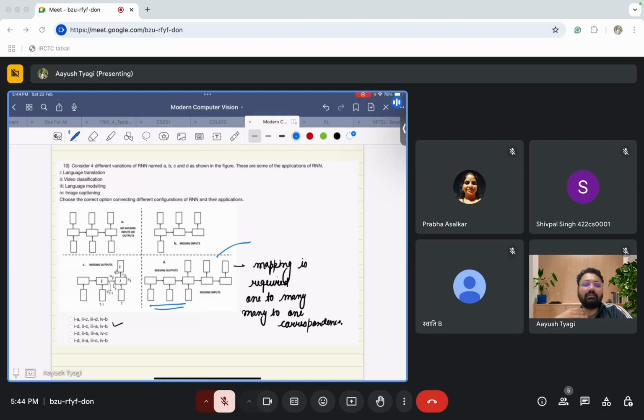Suppose there is one word in English which in some other language is written as two words, maybe English to French translation. In that case, it's a one to many mapping. Similarly, there can be a case where two words represent the same meaning but can be mapped to a single word in another language, which is many to one mapping, right?